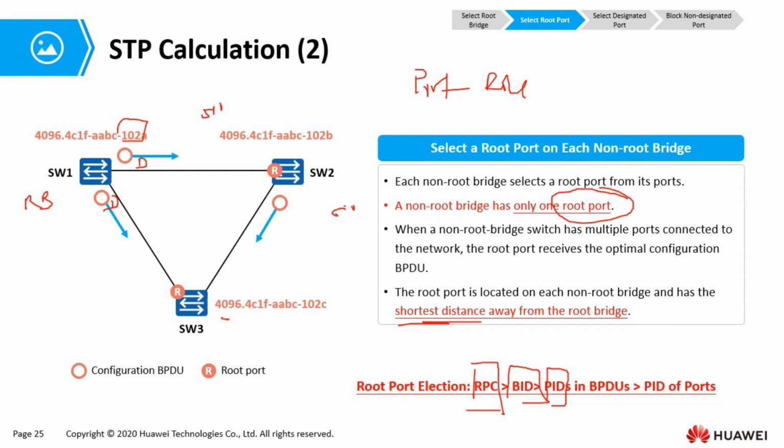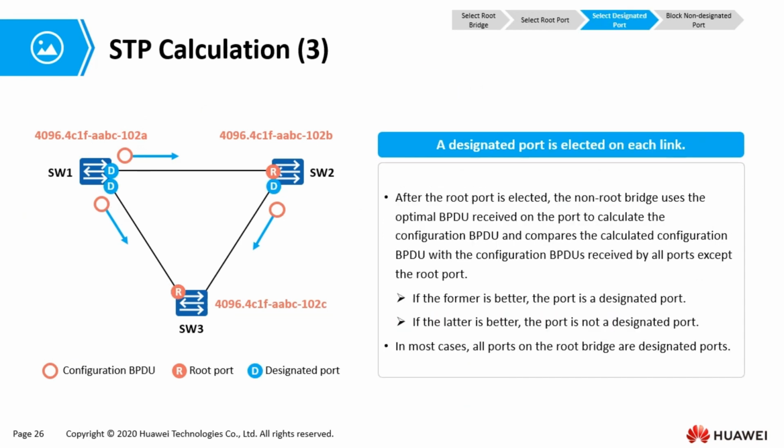That's why you put the root port on this side. Just remember, once you decide the root bridge, its ports immediately become designated ports, DP, and the port opposite your designated port becomes the root port.